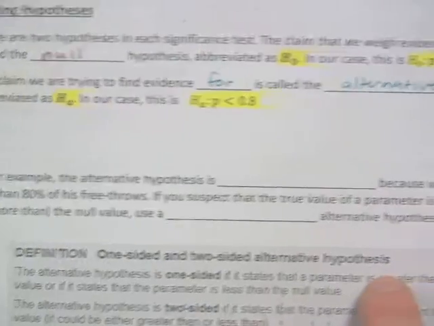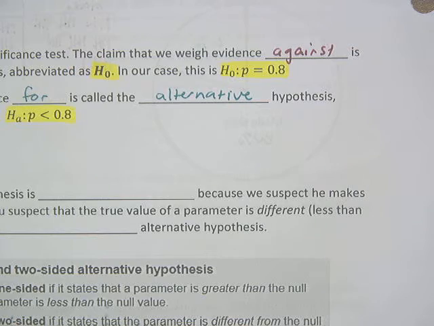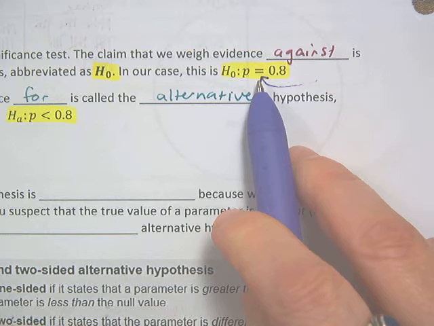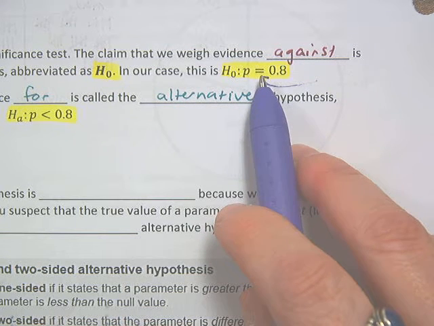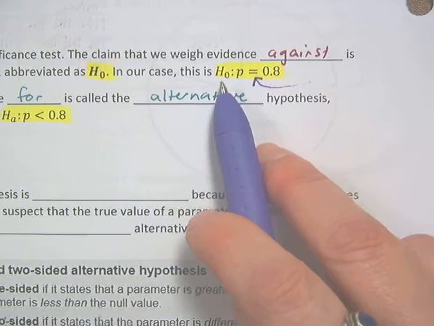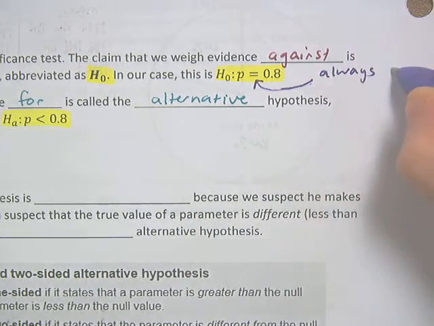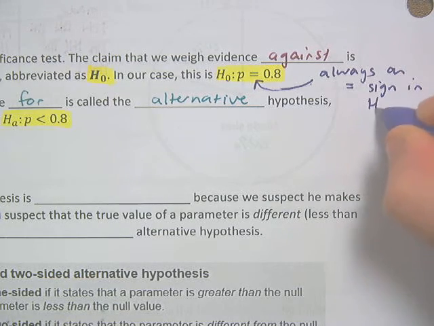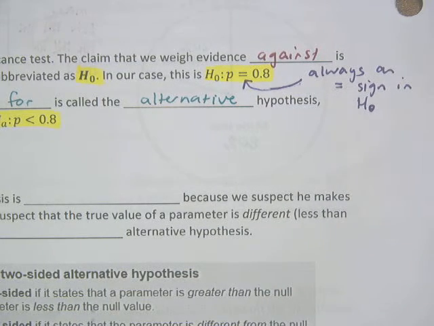Before we move on, I want to tell you something very important that will make life a lot easier for you in this chapter, and that is this right here. See that equal sign? There will always be an equal sign when you write a null hypothesis. Always an equal sign in the H0, in the null hypothesis.